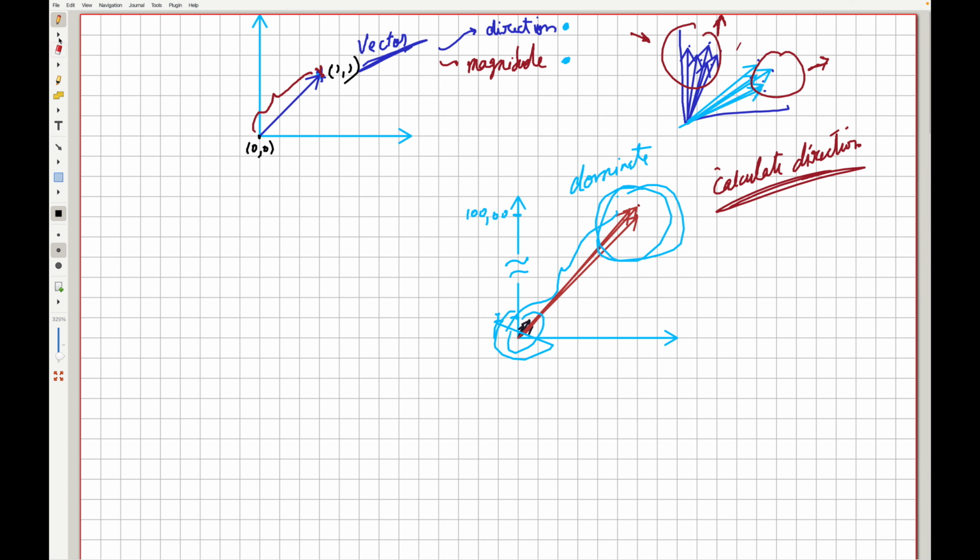This vector is not attached to that particular origin 0 0. We could take this vector and draw it here, and it would still be the same vector. Why? Because it still has the same magnitude and the same direction.